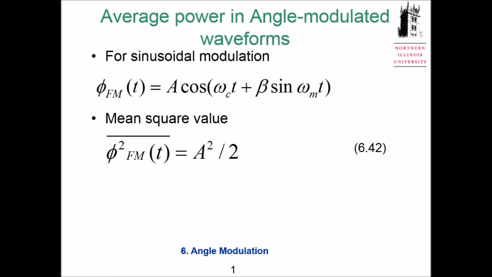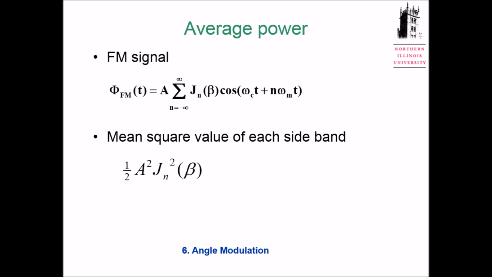For all other sidebands, we rewrite the signal in basic function format, so you will have many different harmonics. For each harmonic, the mean square value of the sideband is over here.